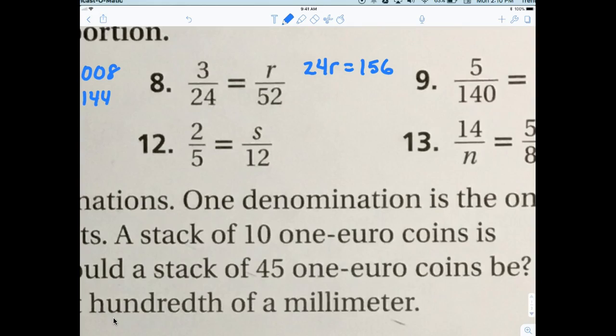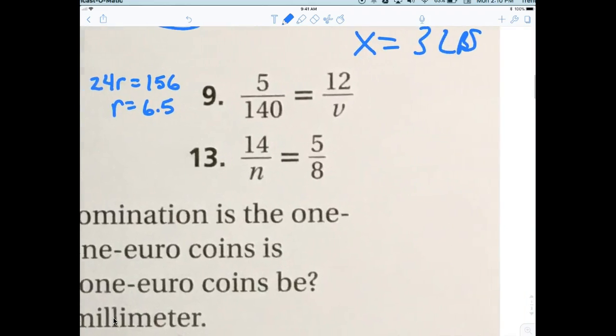And then would we do 52 times 3, which is 3 times 52. Yeah, 156. And now what? Divided by 24. And now my answer is, I got 6.5. I'm happy with you. 6.5. Yep.